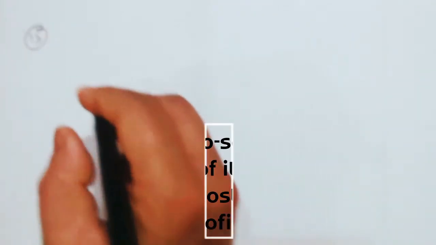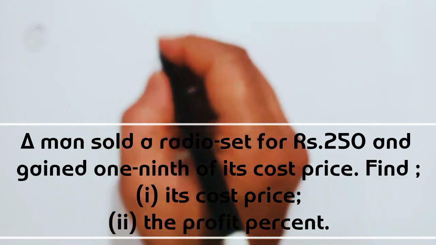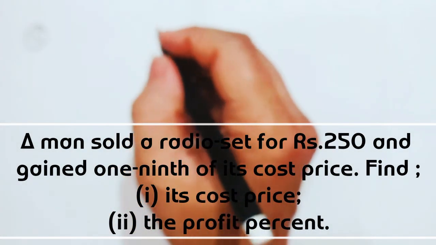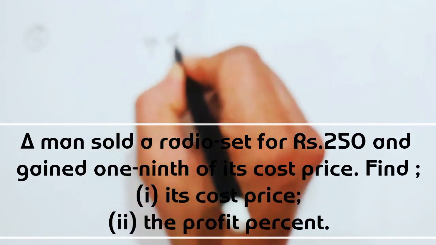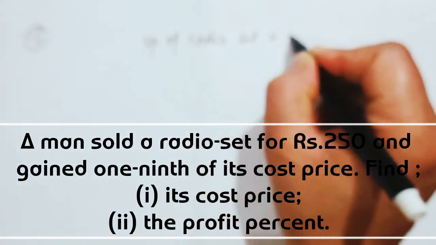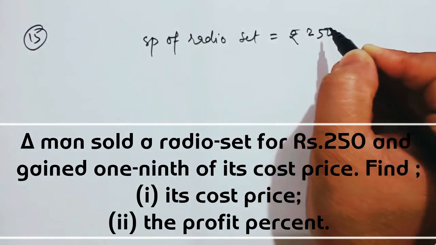Very few minutes are left. A man sold a radio set for rupees 200. It's the same type. चलो बना ही देते हैं यार. Sold a radio set, selling price of radio set is equal to rupees 250.